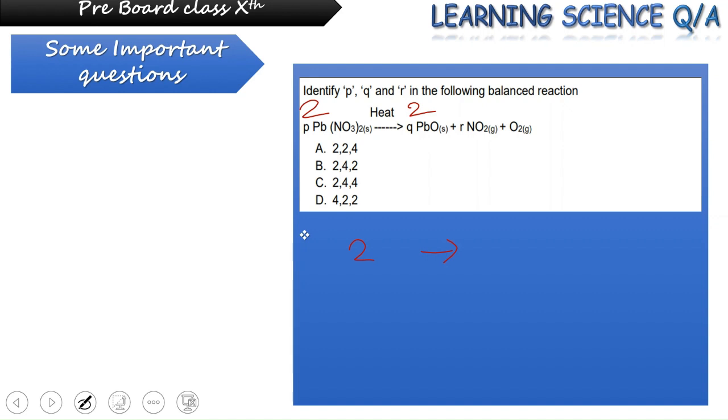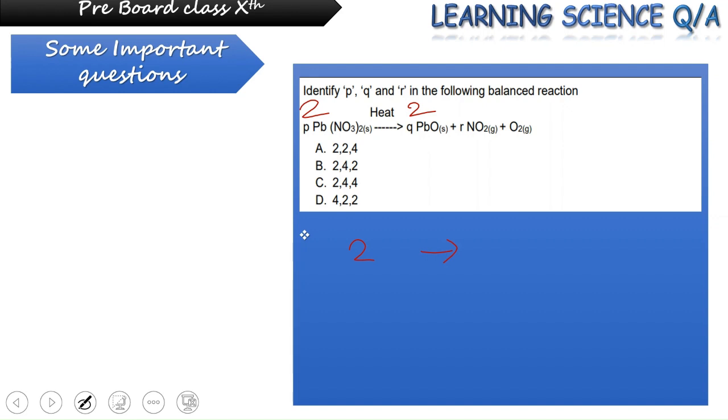Always remember, in a chemical reaction, whenever you are starting with balancing it, always start with the elements except oxygen and hydrogen. That means oxygen and hydrogen are balanced at the end of the reaction. In this way, we can see that lead has been balanced on both sides. Coming to N, nitrogen is already present in 2 number here.